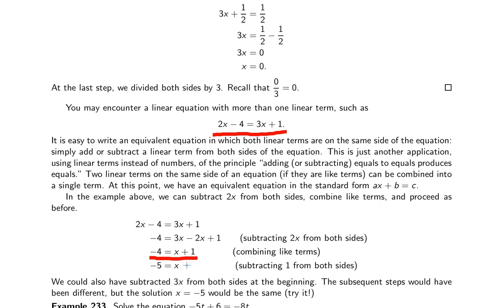Yeah, now we want to just get the x by itself, so subtract 1 from both sides. So x, negative 5 equals x. Of course, that's the same as saying x equals negative 5. Either way, the solution is negative 5.